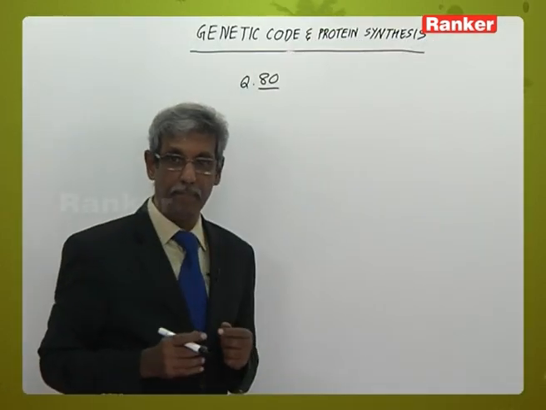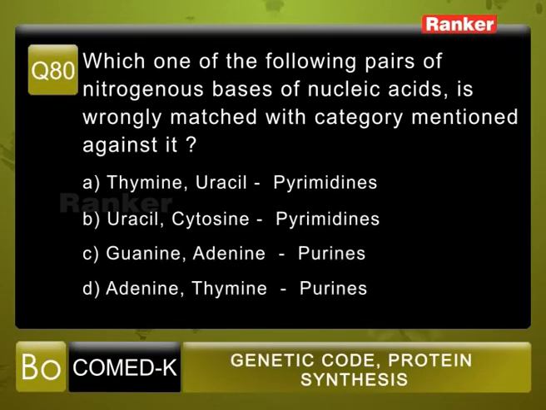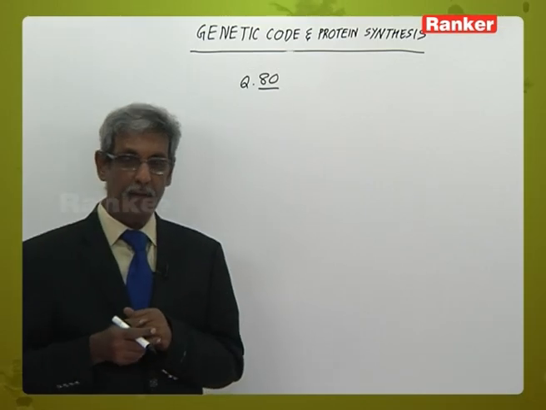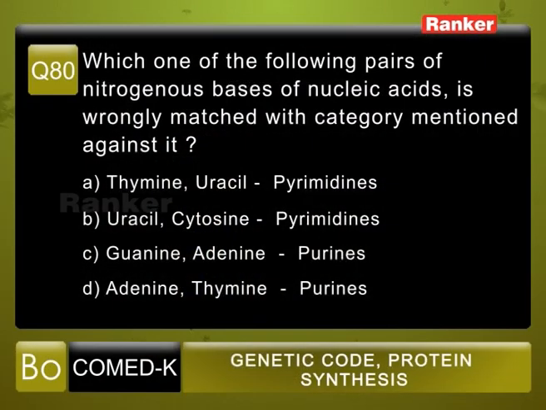Question number 80. Which one of the following pairs of nitrogen bases of nucleic acids is wrongly matched with the category mentioned against it? A is thymine, uracil, pyrimidines; uracil, cytosine, pyrimidines; guanine, adenine, purines; adenine, thymine, purines.